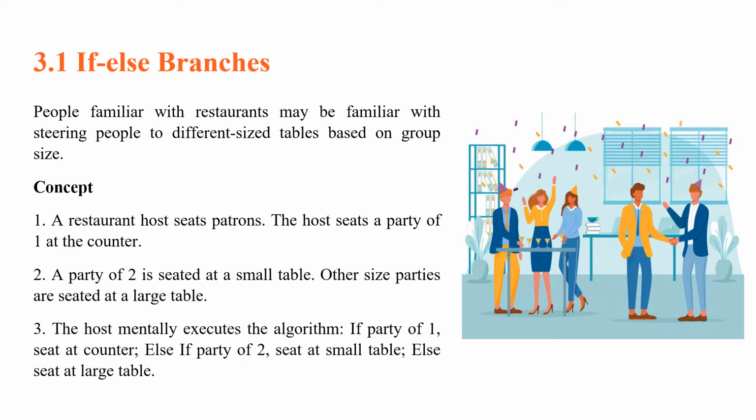Let us assume that there is a party going on, and we'll categorize the people into three groups. It is the party 1, the party 2, and rest others can be called as the party 3.